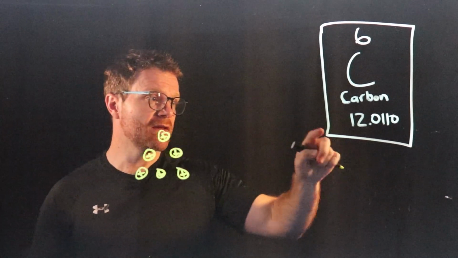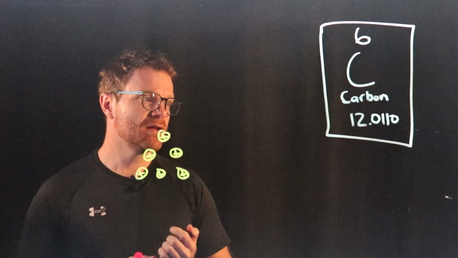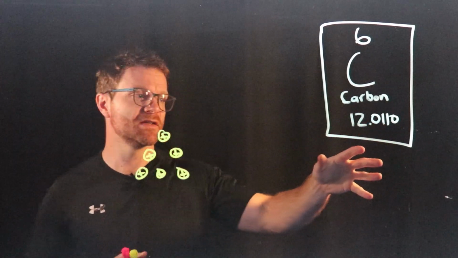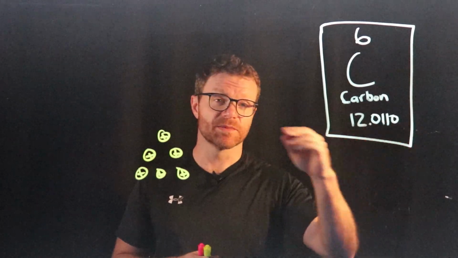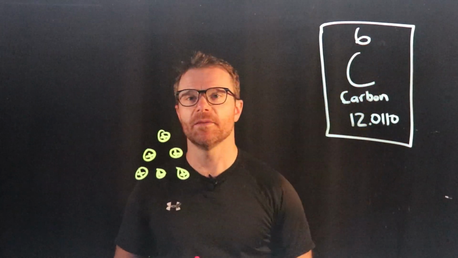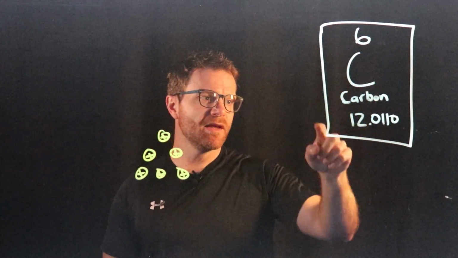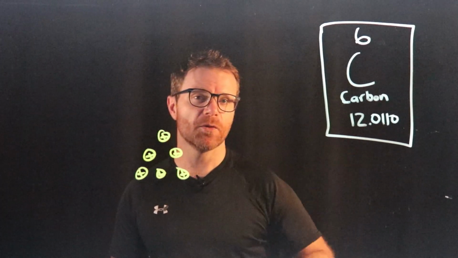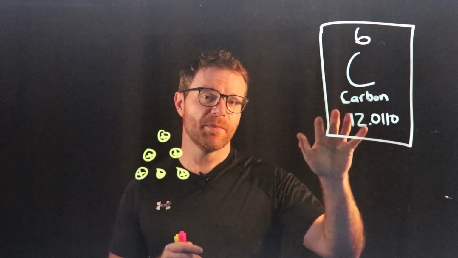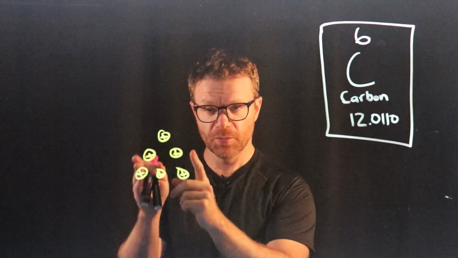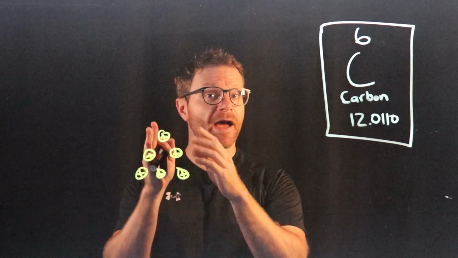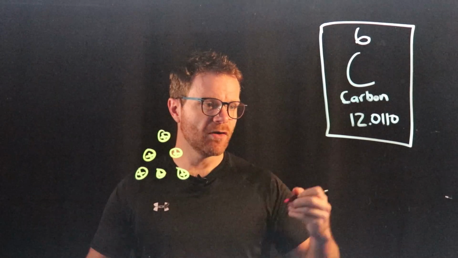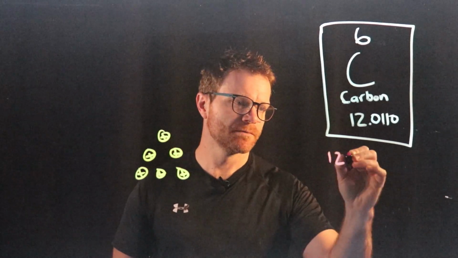You'll also see that the atomic mass of carbon is 12.0110. Of course, you know it's the atomic mass because it's got a bunch of decimal places. It's not a whole number like the atomic number. That means that the most common isotope of carbon has a mass of 12. Now, if it has a mass of 12, that means it has 12 protons and neutrons together in the nucleus.